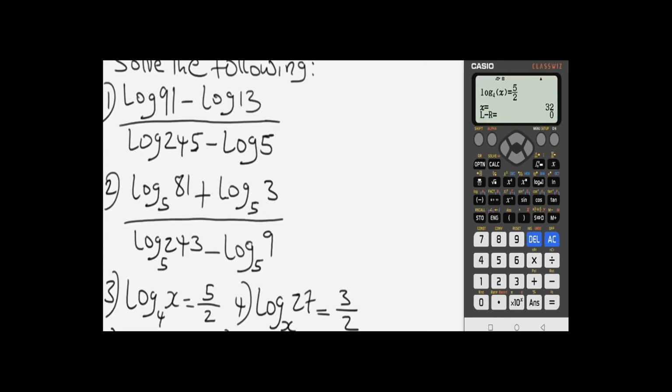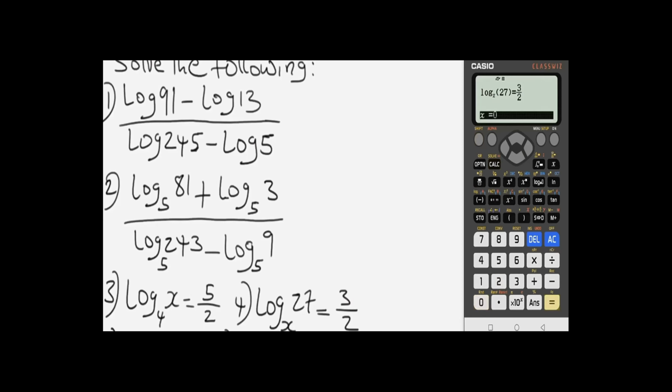Lastly, before I end the video, let's solve question 4. For question 4, we have log, the base is x, alpha and this. We have 27 here. So equals alpha and this calc button, in fraction 3/2. To solve this, press shift and calc. Assign x to be 0.